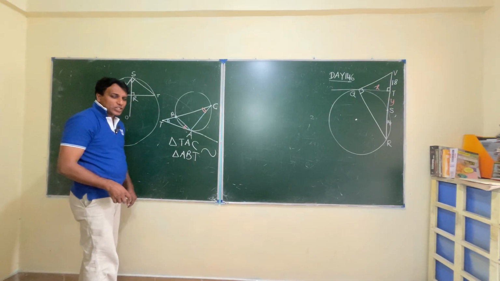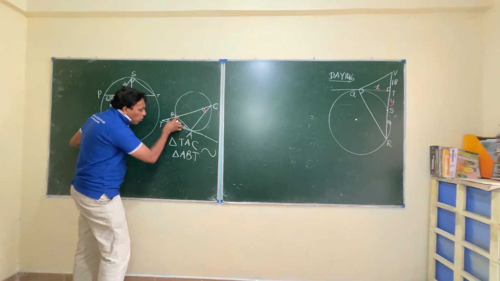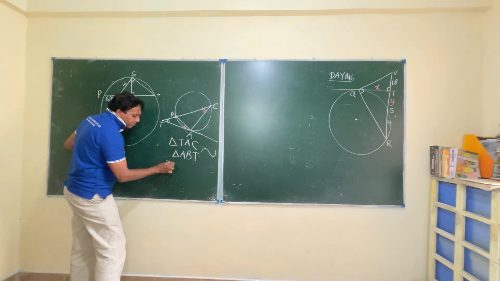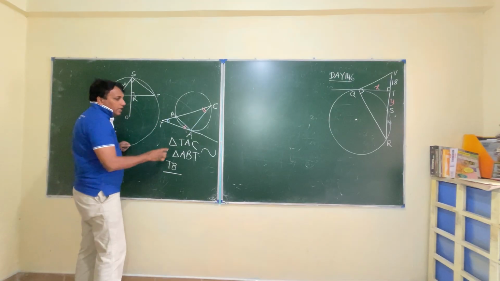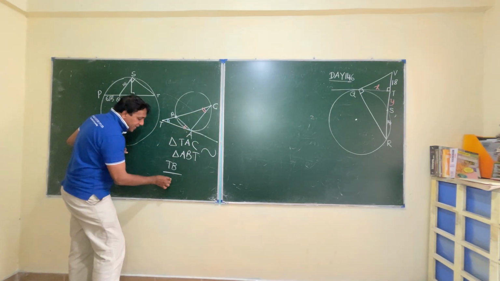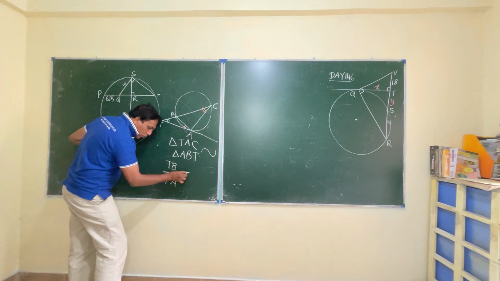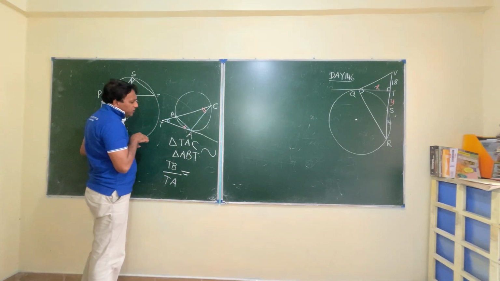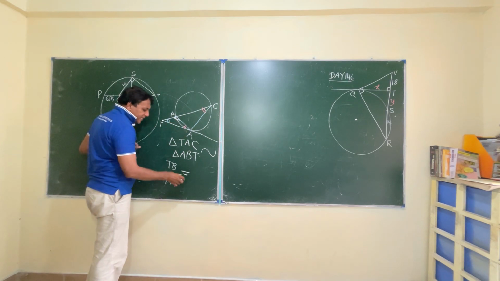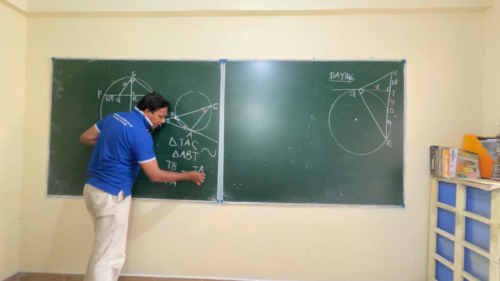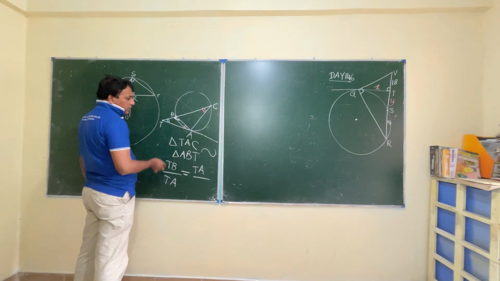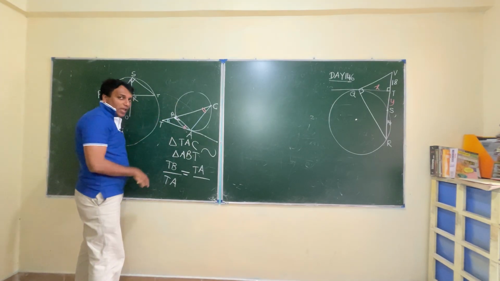Therefore, we can write the ratio. Take this angle in the small triangle first: this one TB over this angle in the biggest triangle, equal to the opposite side TA. Then the third angle, opposite TA, equal to the opposite TC in the large triangle.